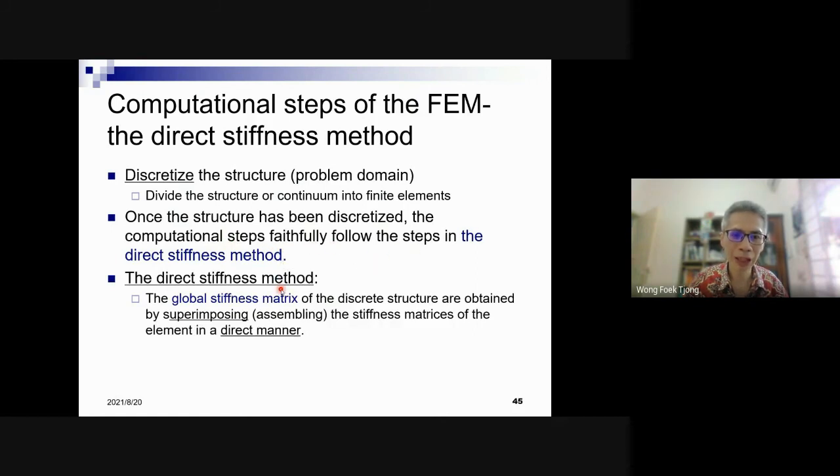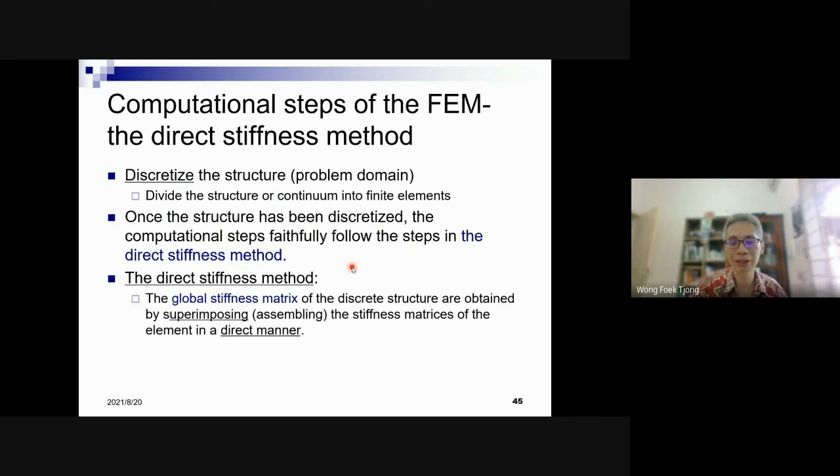The question is, what is the direct stiffness method? It is a method where the global discrete equations are obtained by assembling the element contributions in a direct manner. It's called direct because we directly add the contributions from the elements.